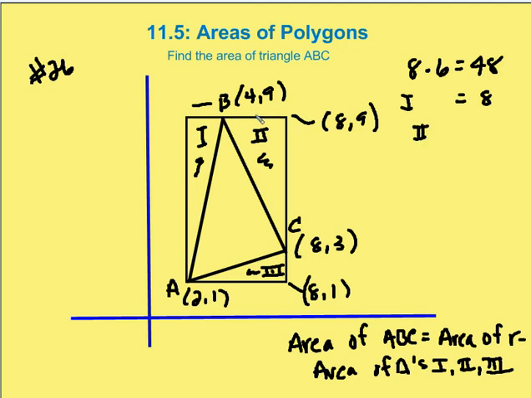Area of triangle 2 is going to be 1/2 of the base here, which is going to be the x values 4 to 8, which is 4, times the change in the y values, which is 9 to 3, which is 6. So I have 4 times 6, and I take half of that. That's going to equal 12.